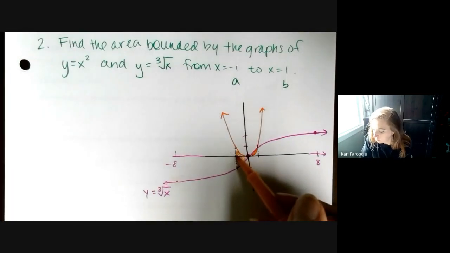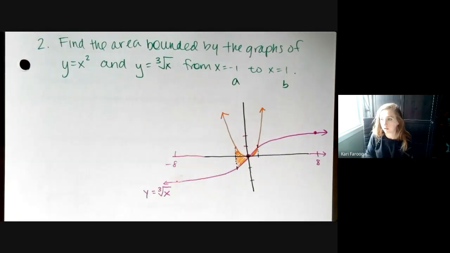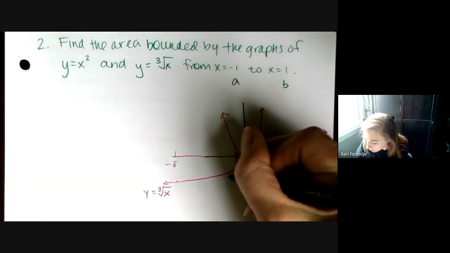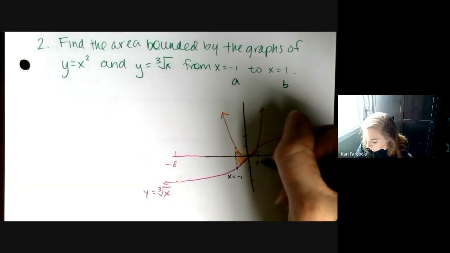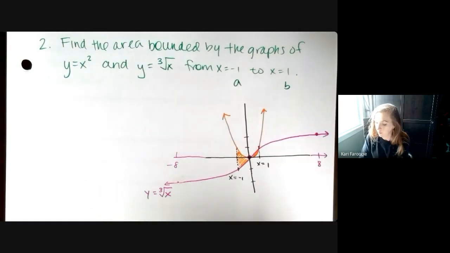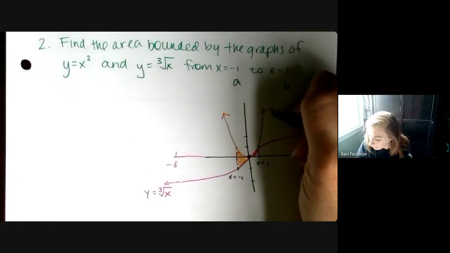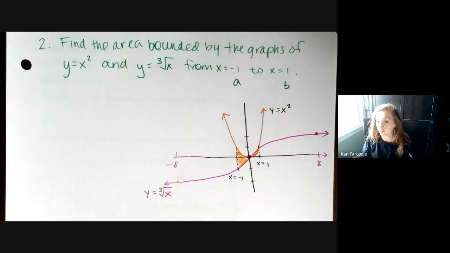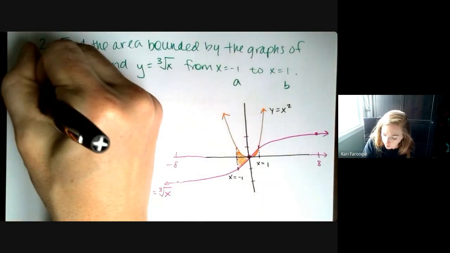Okay, so this is where we're trying to get the area. Notice that from x equals -1 to x equals 0, the top function is y equals x squared. I'm going to summarize this.